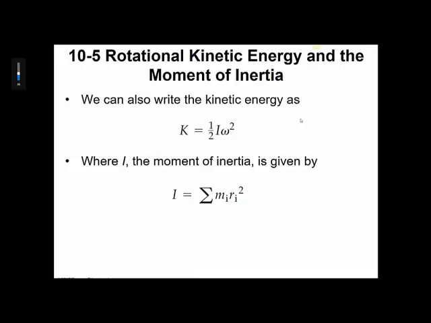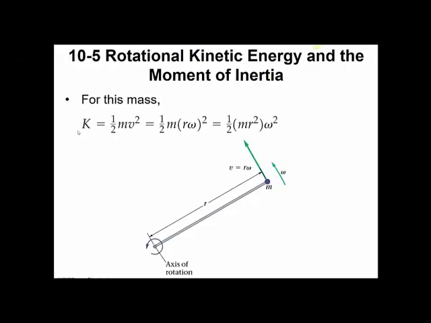Now, remember that when we look at the formula for kinetic energy, it's 1/2 the resistance to motion. The linear resistance to motion is mass, right? But it's a little bit different when you start considering things that are rotating. It's not just about the mass.